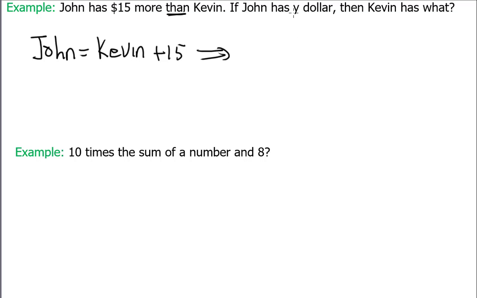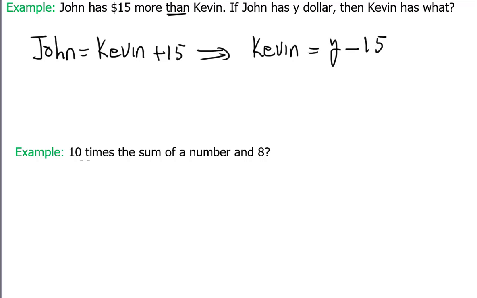What if John has y dollars? Then what does Kevin have? Now we're finding Kevin. Kevin will have y minus 15, because y represents John. John has Kevin plus 15, then Kevin has y minus 15, or John minus 15.